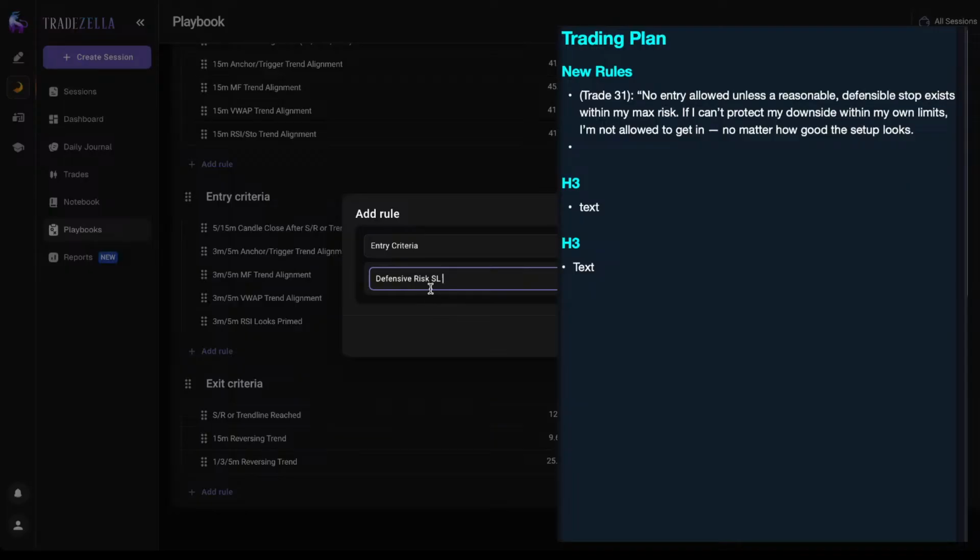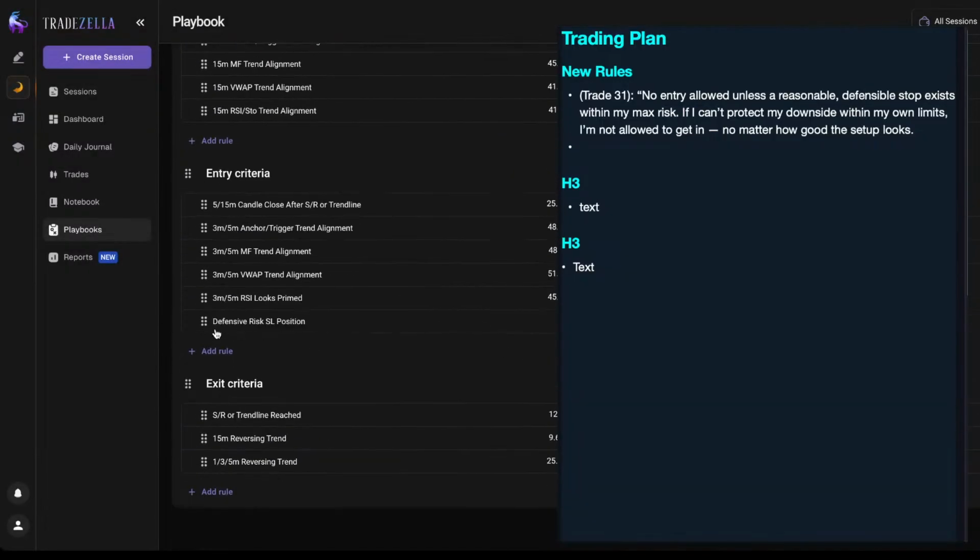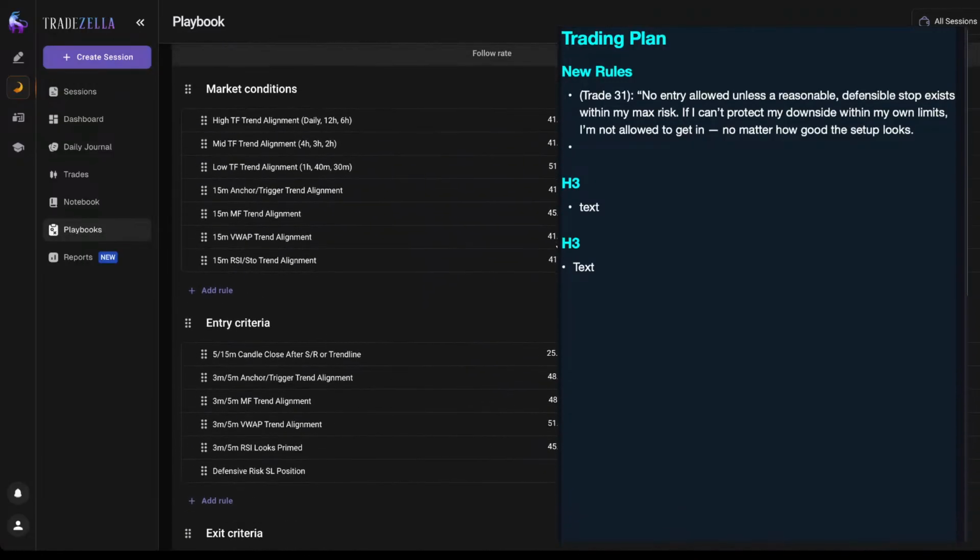Defensive risk stop loss position. Yeah. That's my new rule. That's my new rule, folks. That is the new rule.